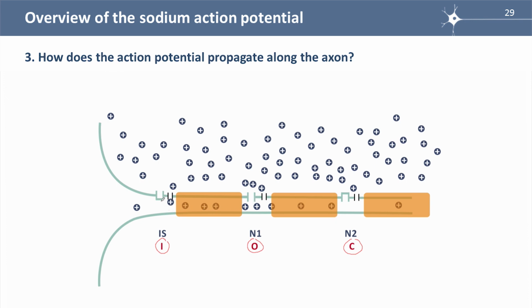So the charges that go in can go out, but they cannot open these channels. Now they go this way, and they can open the channels of the second node of Ranvier that are closed. And like this, from each node of Ranvier, the action potential is regenerated and propagates without attenuation of its amplitude.